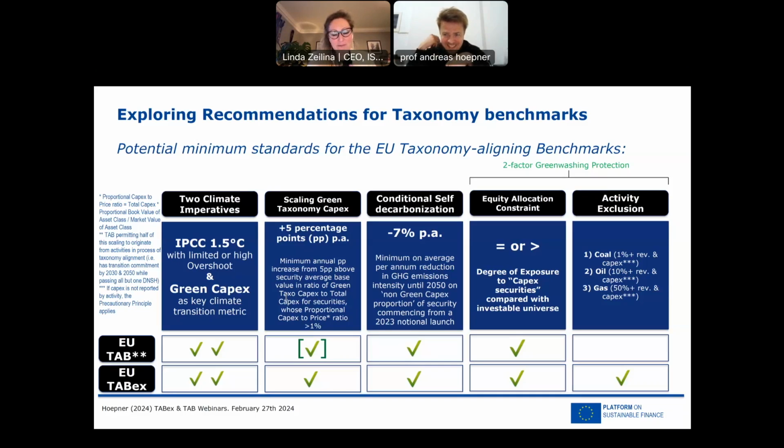So the divergence between Paris-aligned benchmarks and TAB. The Paris alignment is on decarbonization, so that is focused on the first objective of the Paris Agreement, decarbonization. The EU taxonomy is really focusing on the second objective, what is green, right? It's not focusing on what is brown or how to reduce emissions. So in that sense, they're unrelated here.